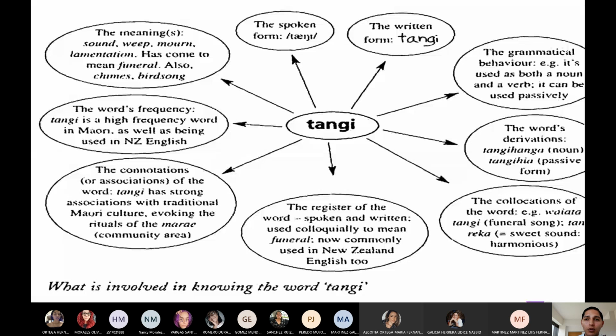The written form of a word is another element. Okay, how to write it. The grammatical behavior, for example, it's used as both a noun and a verb. It can be used passively. So this has to do with form.